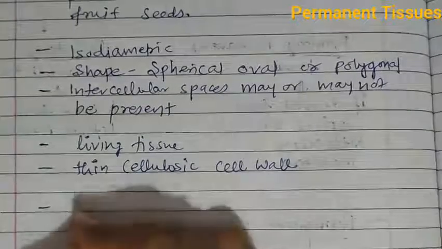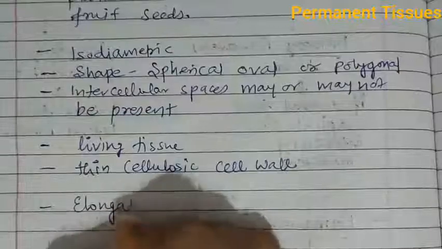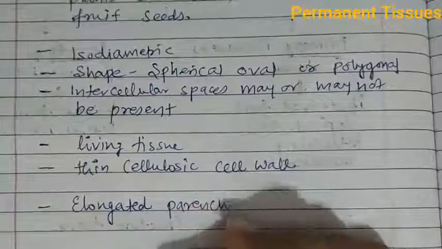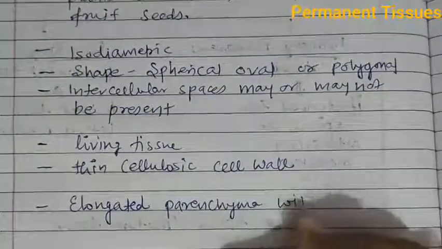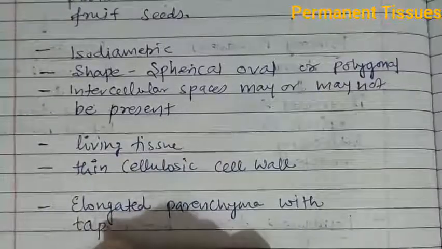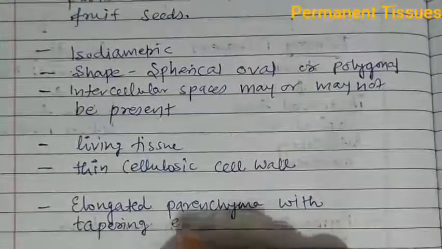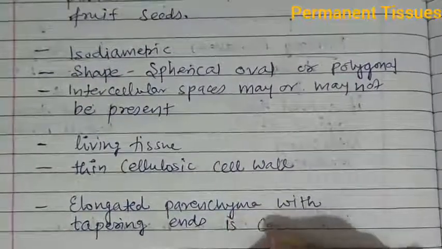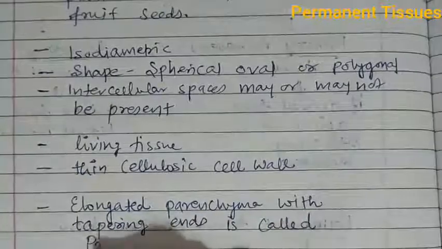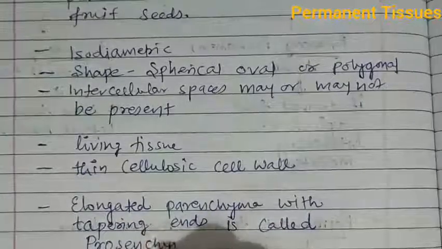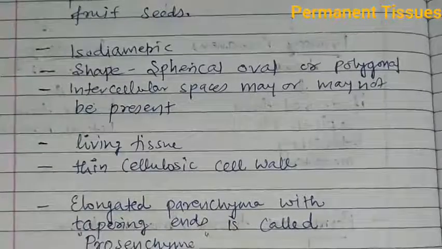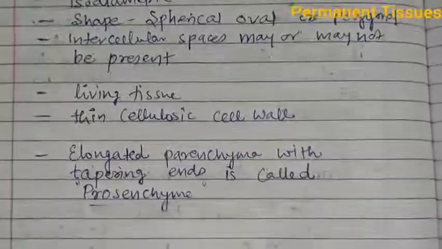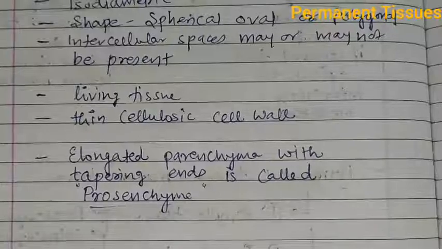Sometimes they are elongated, and this elongated parenchyma with tapering ends is called prosenchyma. So remember, prosenchyma are those parenchymatous cells which are elongated and have tapering ends.